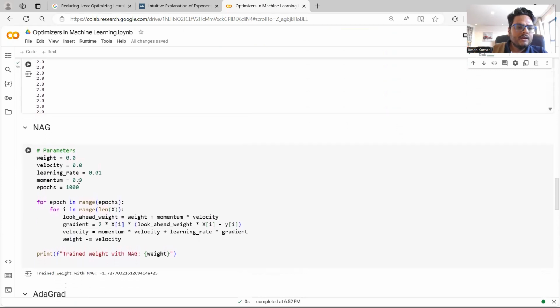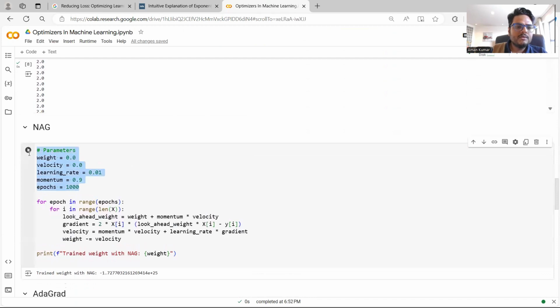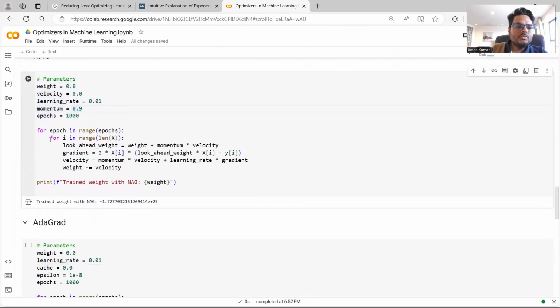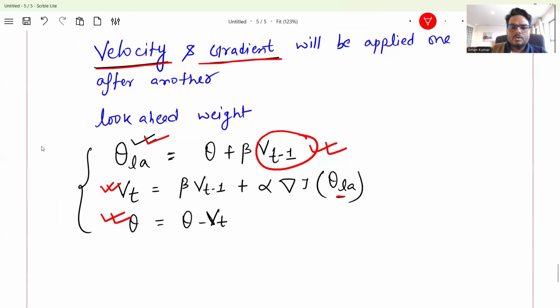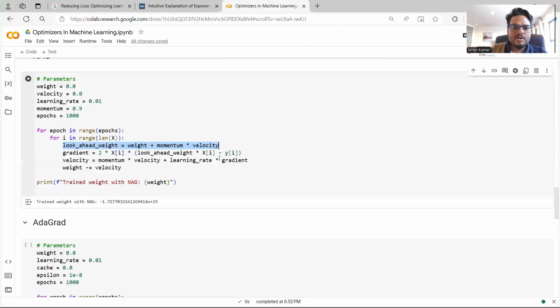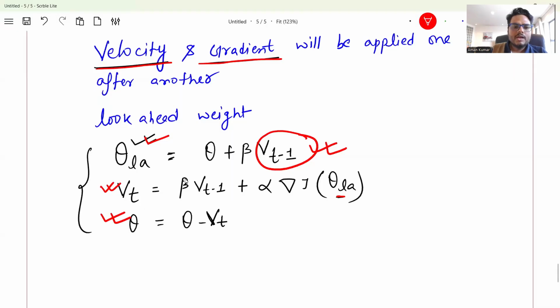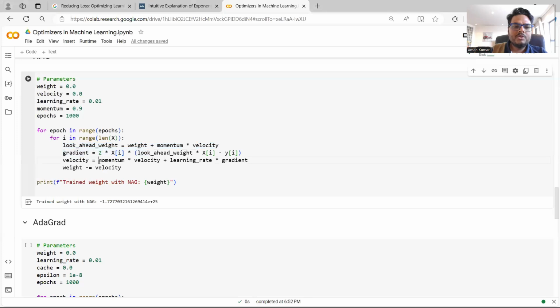See here: NAG, weight, velocity, learning rate, momentum, epochs. All these things we have already done. For epochs in range epochs, for i in range, look ahead is weight plus momentum into velocity. That is what I'm doing. The gradient is the same that we have been seeing all this while. Then velocity is momentum into velocity, learning rate into gradient.